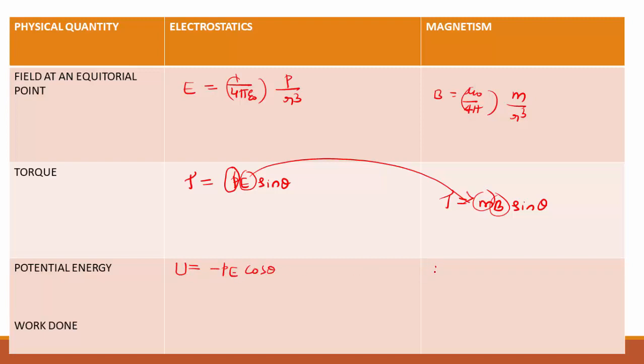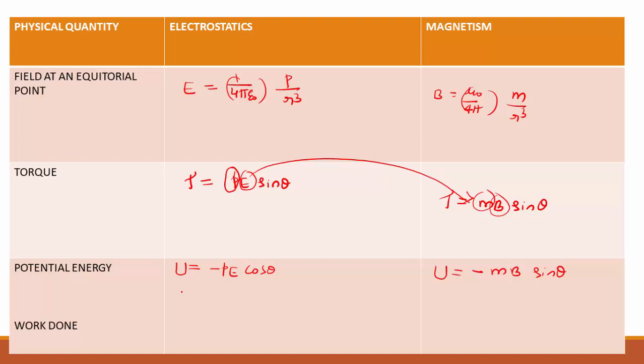In case of magnetism, U is equal to minus mB cos theta: instead of P we use m, and instead of the electric field E we use the magnetic field B. There is no other difference. In electrostatics we use P as the electric dipole symbol, and in magnetism we use m as the magnetic dipole. Electric field is denoted by E, and magnetic field is denoted by B.